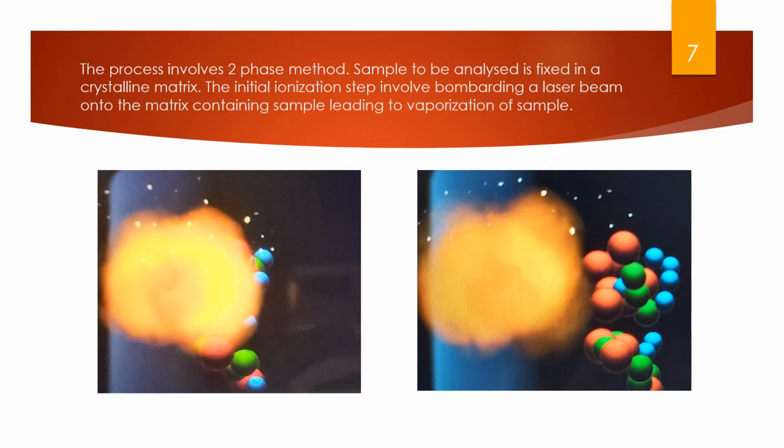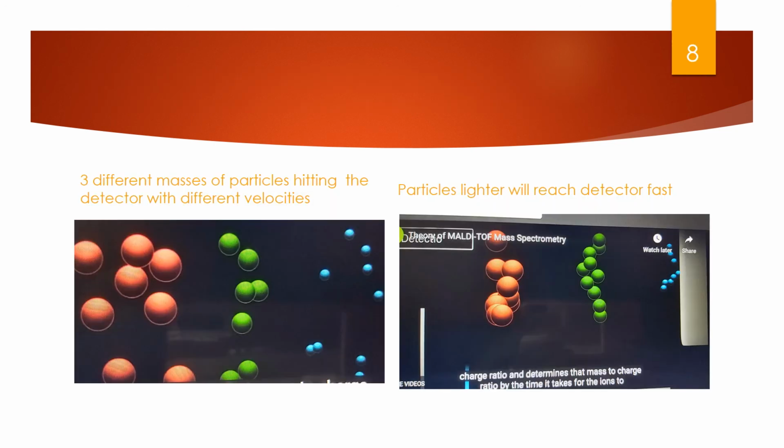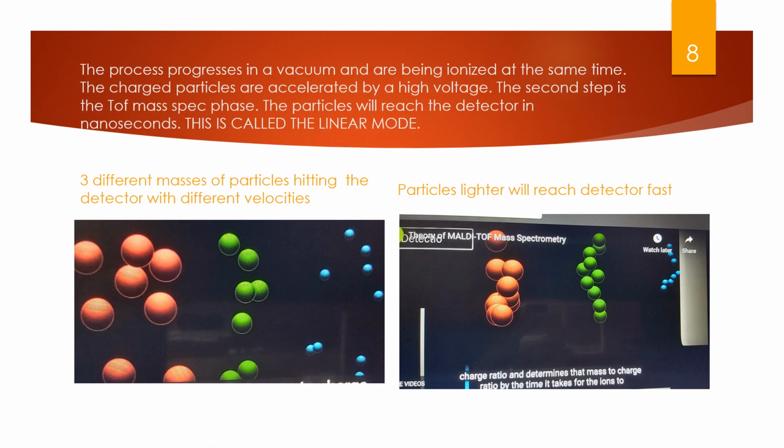The process involves a two-phase method. The sample to be analyzed is fixed in a crystalline matrix. The initial ionization step involves bombarding the matrix containing the sample with a laser beam, leading to vaporization of the sample. The process progresses in a vacuum, and the molecules are ionized at the same time.